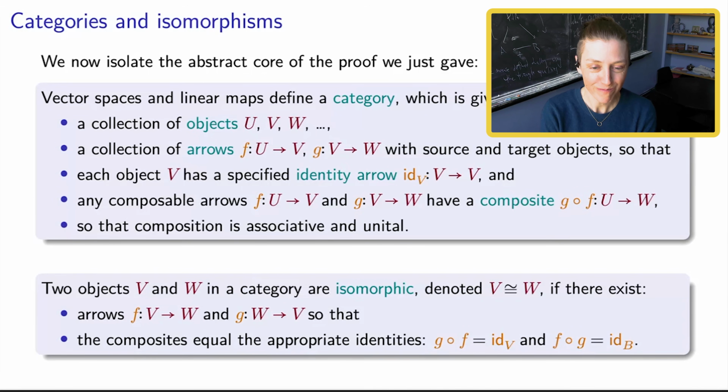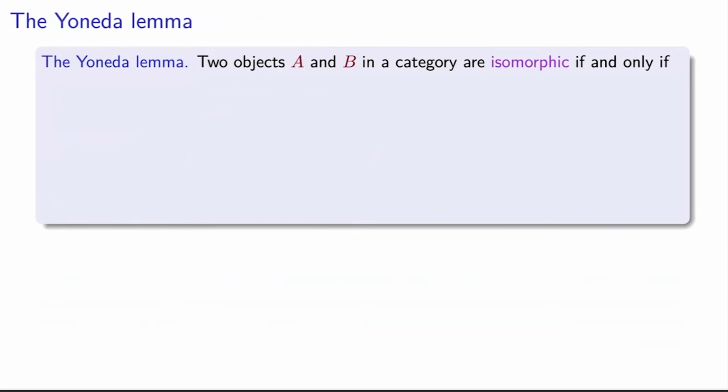And actually, I should mention in higher categorical contexts, you might have heard the term equivalence used instead of isomorphism, and that's the difference between an equivalence and an isomorphism. Equivalence typically refers to a setting where we have two objects and arrows in each direction, and the composites are not equal to identities, but maybe isomorphic or equivalent to identities as determined by the higher categorical setting. So, great.